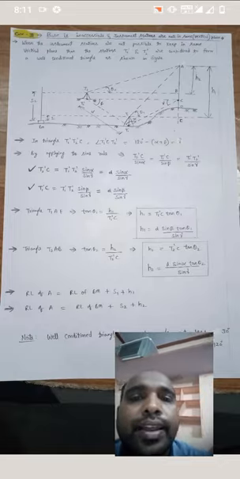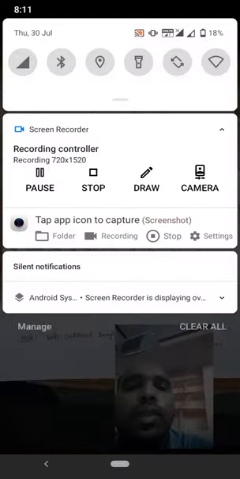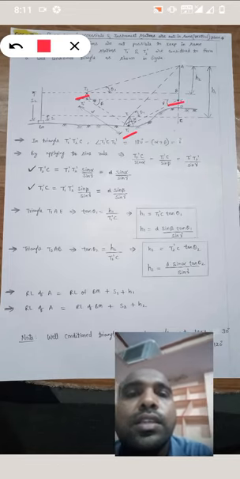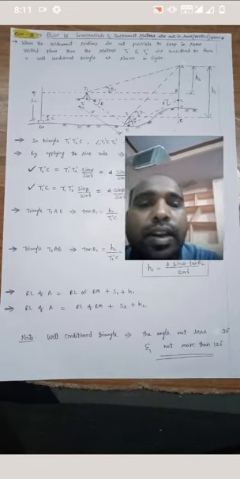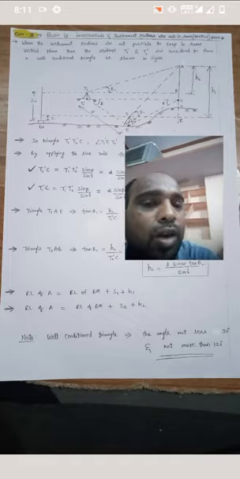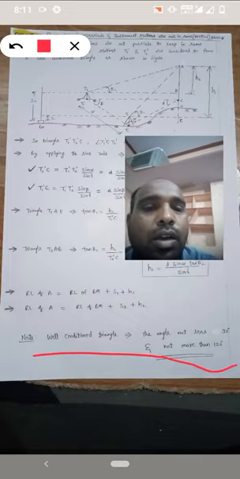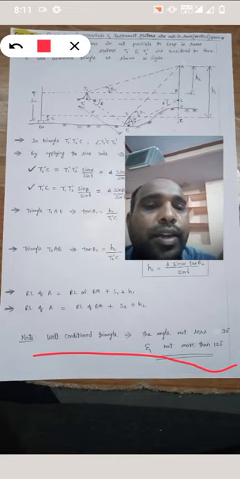In triangle T1 dash T2 dash C, we form a well-conditioned triangle. A well-conditioned triangle has angles not less than 30 degrees and not more than 120 degrees.